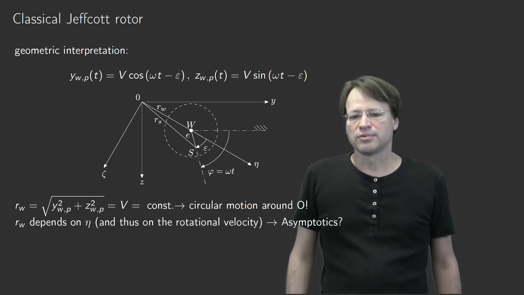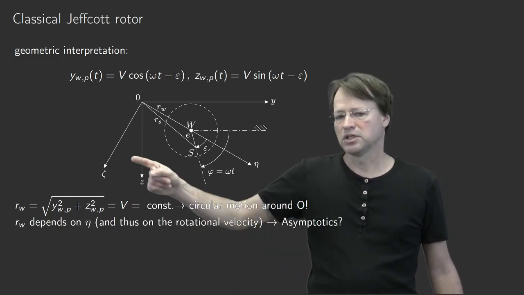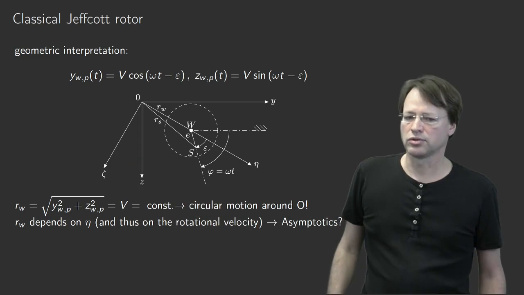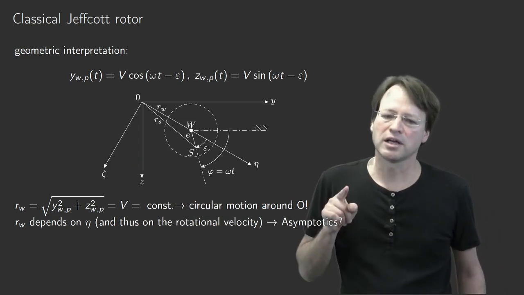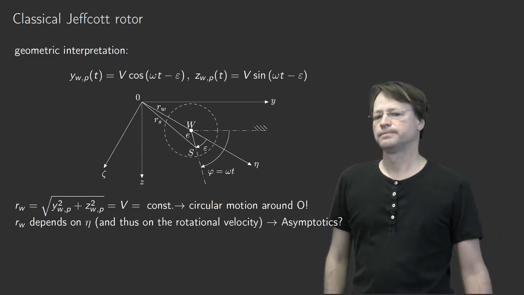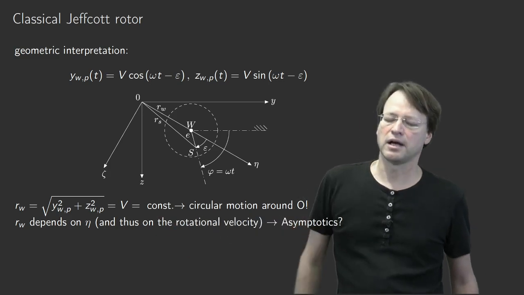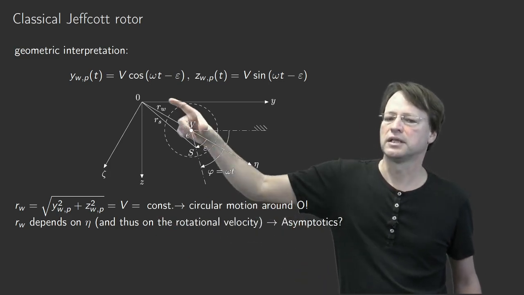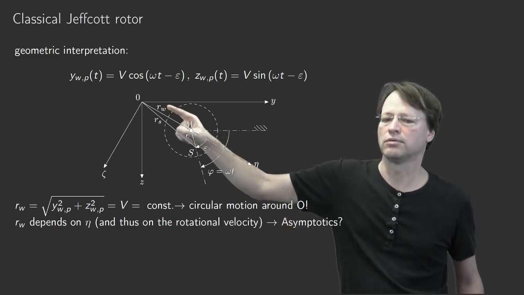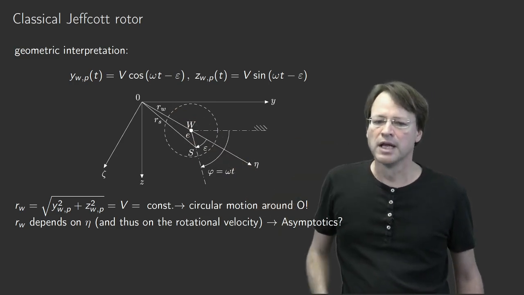Okay, as r sub w depends on eta, or I could say it depends on the rotational velocity, we can ask about the asymptotics of that r sub w, of that length, of that distance between the origin and w.